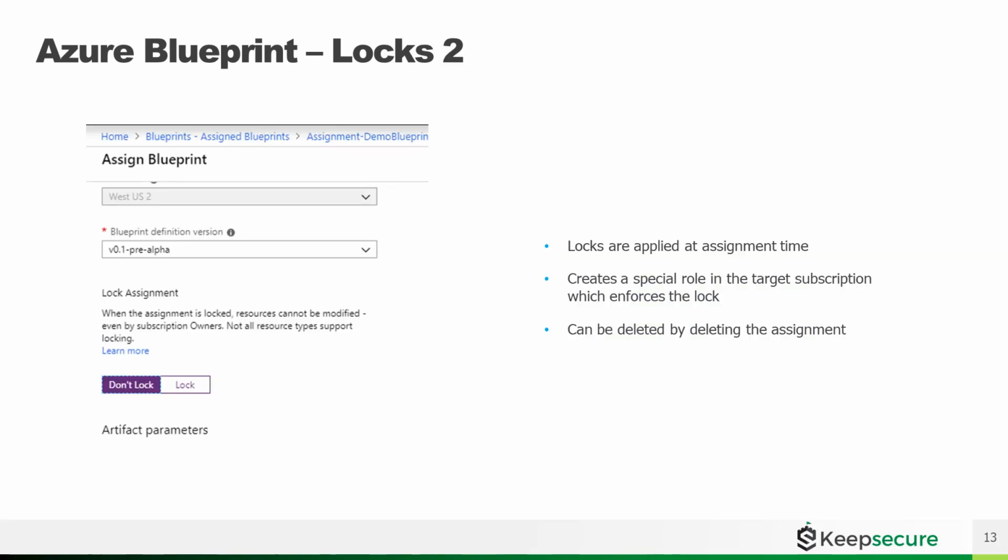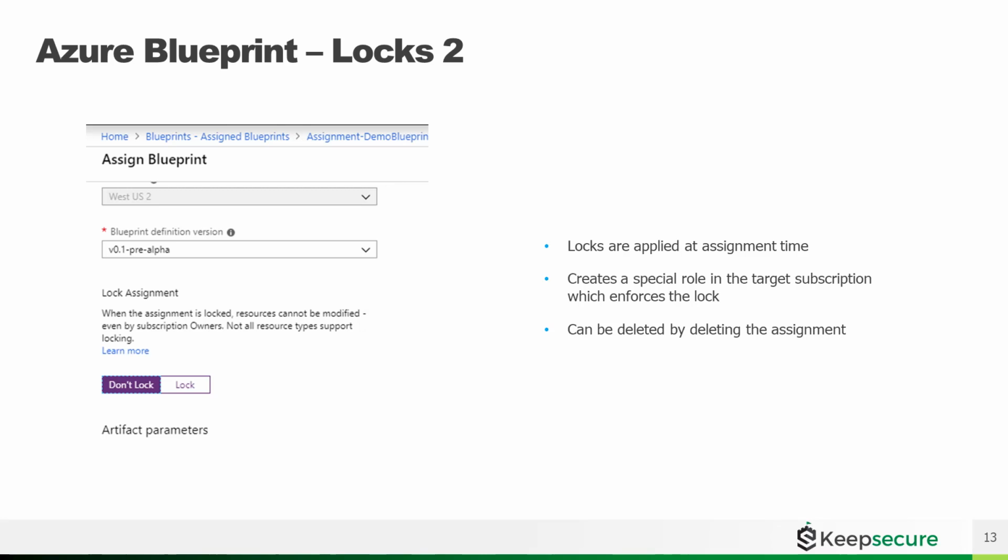As you can see from the screenshot, locking is a feature that is enabled at assignment time. Technically, blueprints use a feature within Azure role-based access controls called deny assignments. Deny assignments essentially bind a set of deny actions to an Azure Active Directory entity.